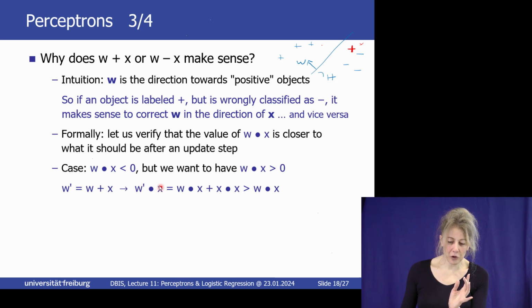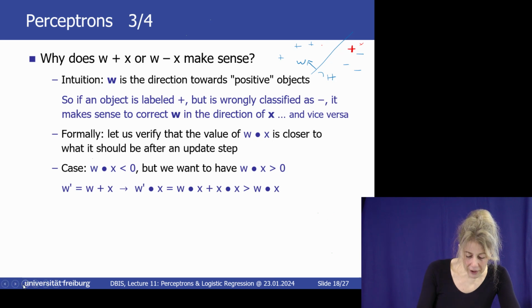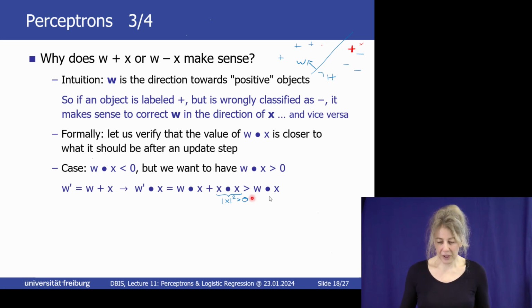So now the new prediction is this plus this. And what's this? This is x squared, greater or equal to 0. That's all the mathematics you need to see it. If I add x, then the new prediction, this value here, will be larger than the old one. I'm adding something that's larger than 0. That's all you need to understand here.